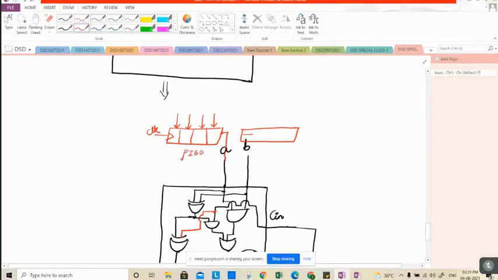This is a parallel in serial out register. Here also I will place a parallel in serial out register. So this is A0, A1, A2, A3. This is B0, B1, B2, B3. And this is a clock.